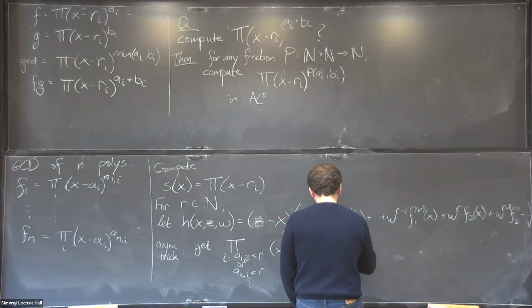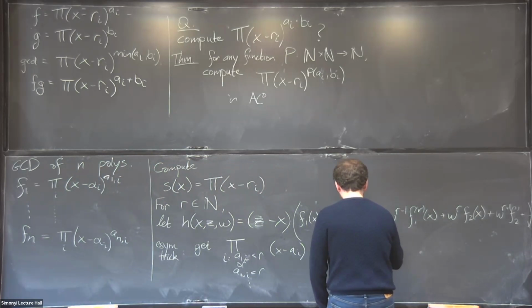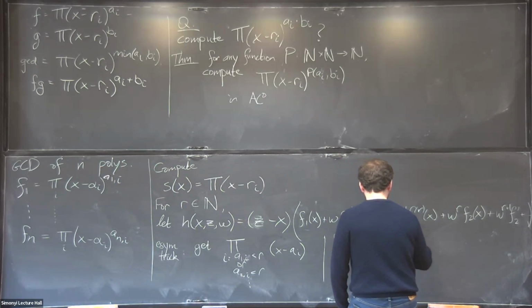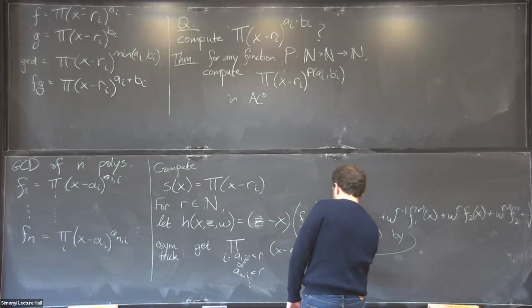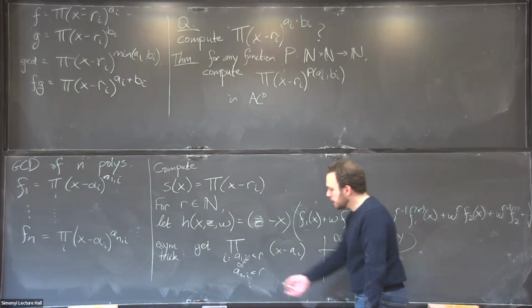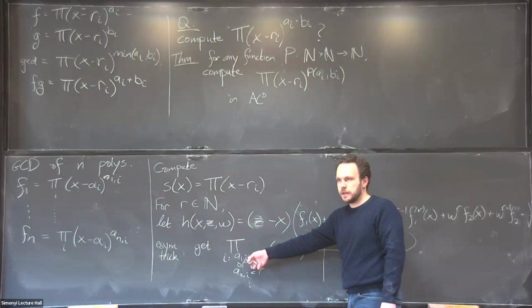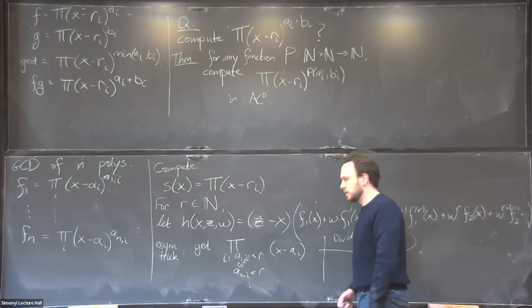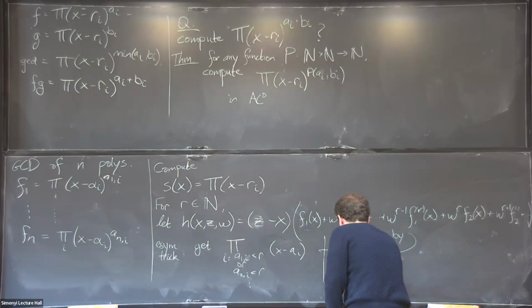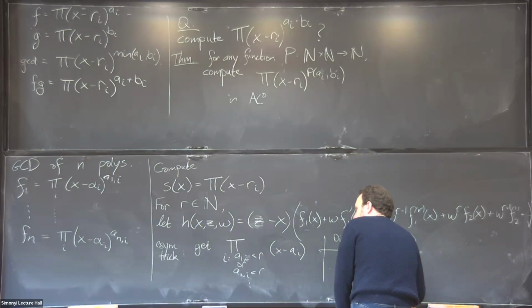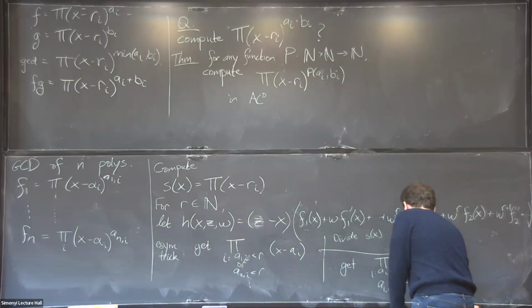And if you divide the square-free part by this, what this is really doing is negating this condition on the multiplicities. So now you get a product where you have roots that appear in each polynomial with multiplicity r.